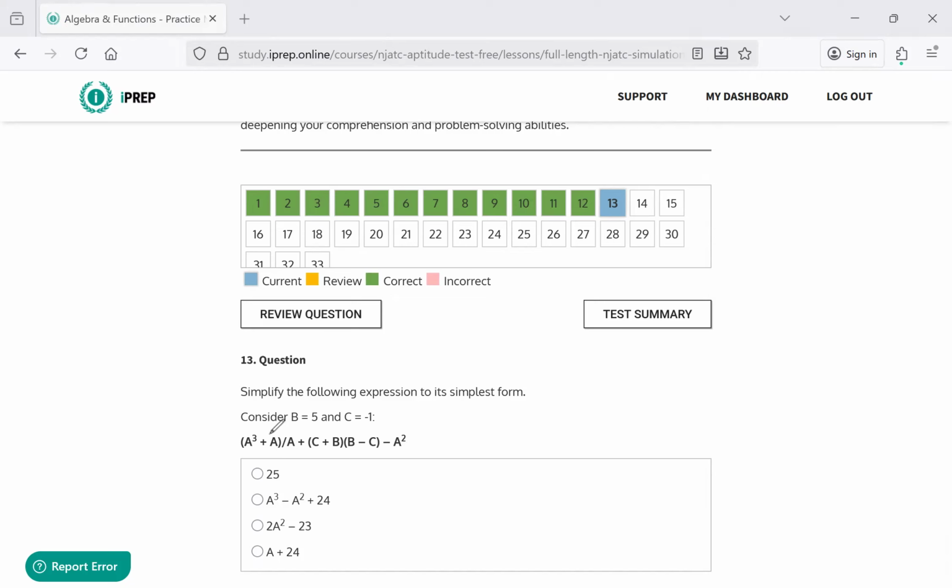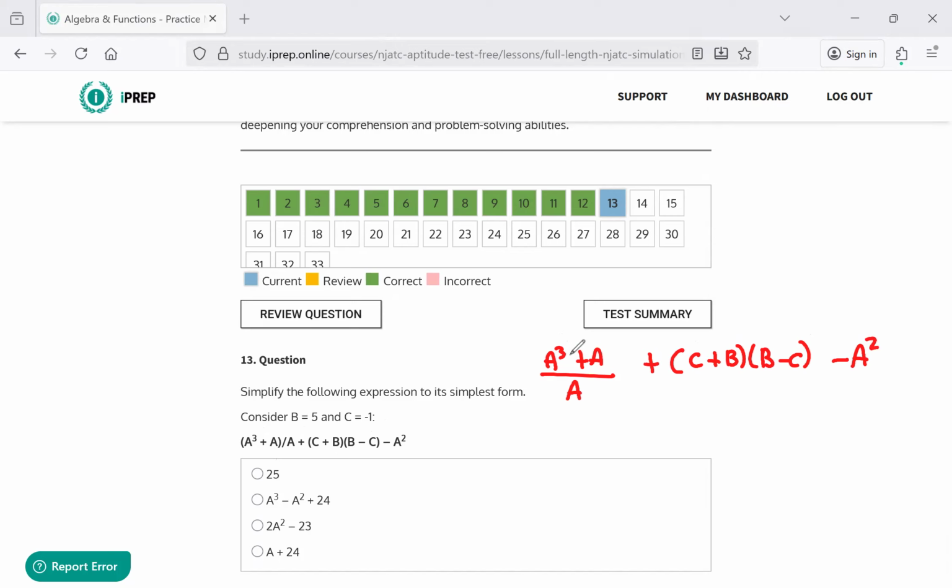I'm going to rewrite that as a cubed plus a all over a, because that slanted bar can always make you confused. Then here is plus c plus b times b minus c minus a squared.